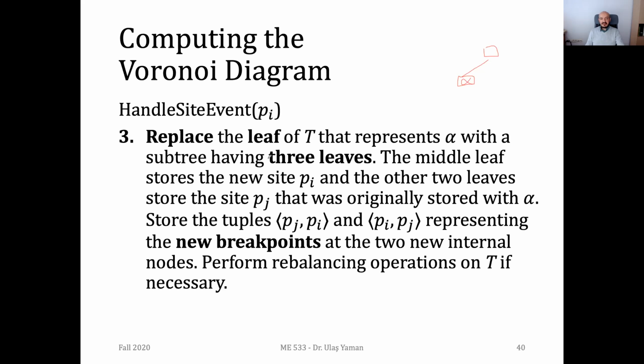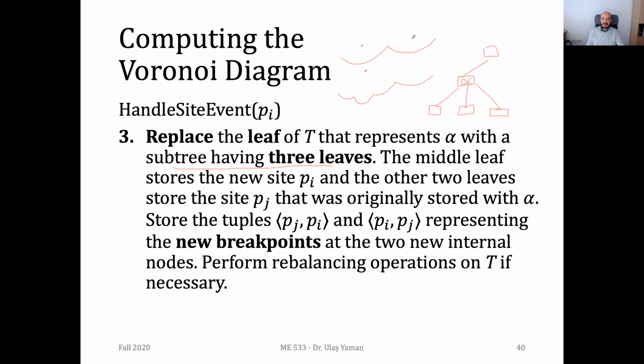So then what we are doing, we are replacing this arc alpha with a subtree having 3 leaves. So instead of this one, we will have 3 leaves. Why is that? Initially, let's say we had such an arrangement, and now if we have a site here, what will it be?